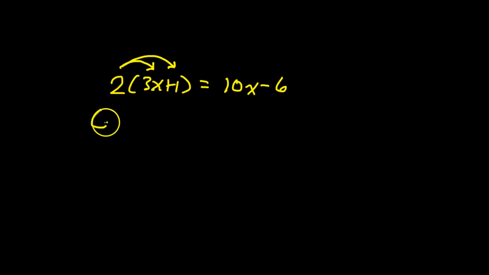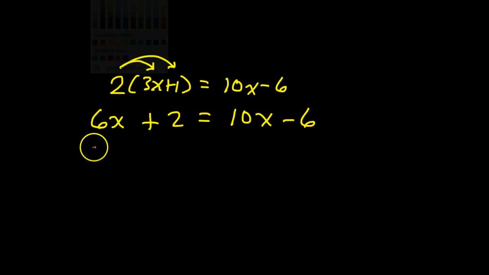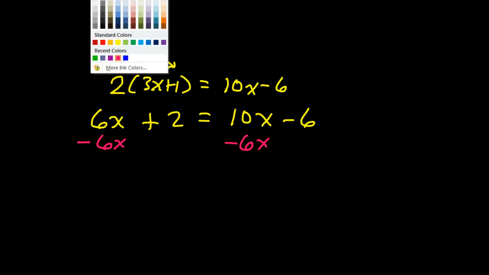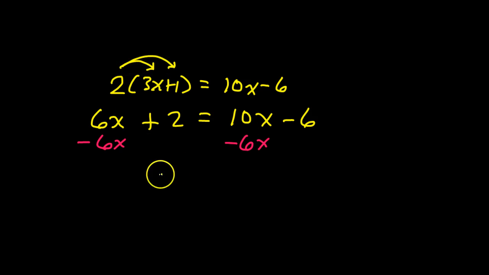So that's going to give me 6x plus 2 is equal to this 10x minus 6. Now we need to get these variables together. That should be your very first move. So let's subtract 6x from both sides. I try to keep the variables positive as much as possible. That's the only reason I didn't subtract 10x. But if you felt like subtracting the 10, that would work too.